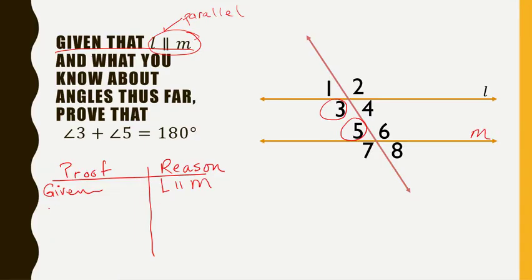Okay, let's give some reasons we think that 3 and 5 are going to add up to be 180. How about if we say angle 1 is congruent, let's see, angle 1 is equal to angle 4 because they are vertical angles.